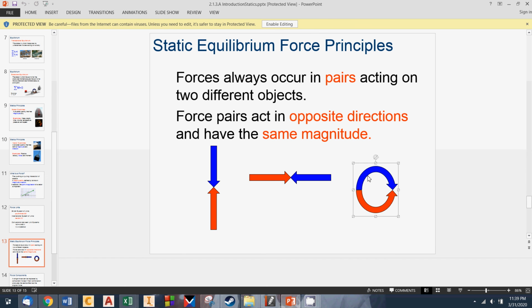So for example, if I have a clockwise moment, I have to have an equal counterclockwise moment for the object to stay in static equilibrium. And if you're wondering, how do I know if an object's in static equilibrium? The easiest giveaway is if it's sitting there and not moving, it's in static equilibrium. So all of the bridges and towers and every building, hopefully, that you see on a day-to-day basis is already in static equilibrium.